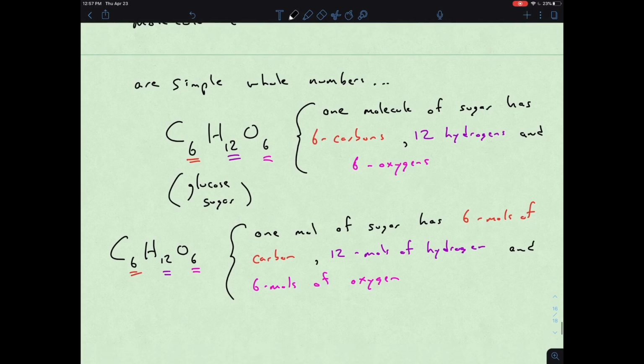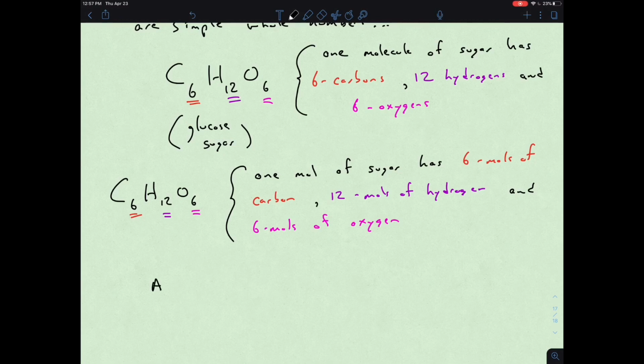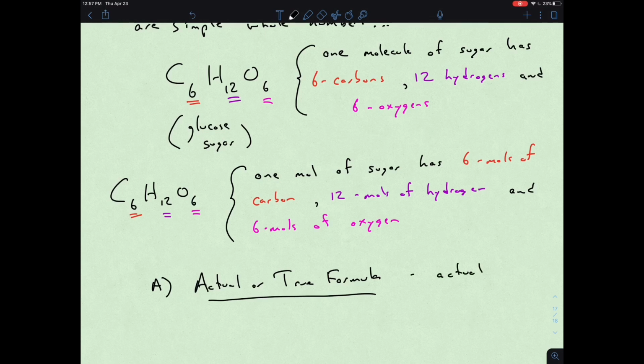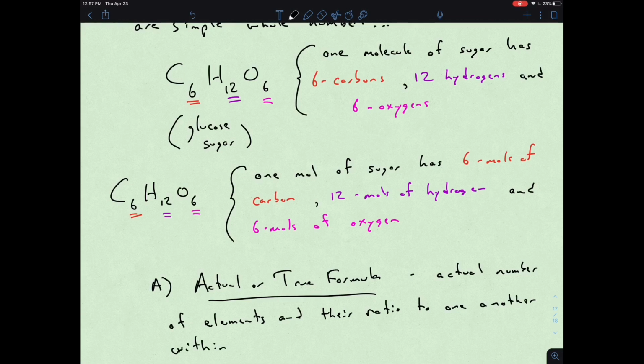Within formulas, there is what's known as the actual or true formula, which is the actual number of elements and their ratio to one another within a molecule.